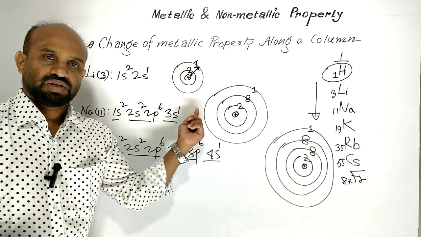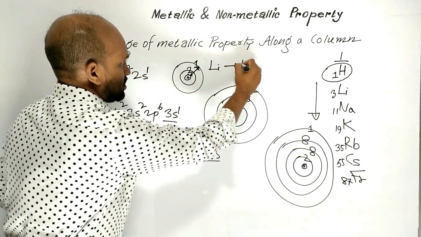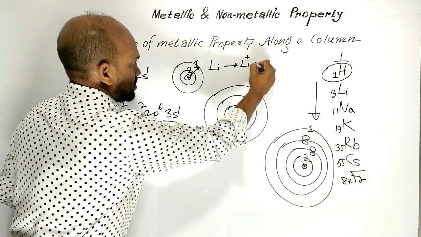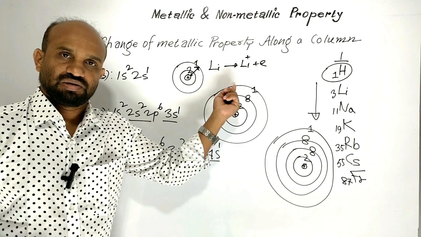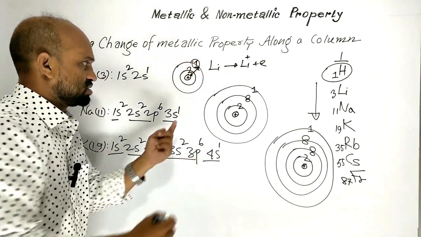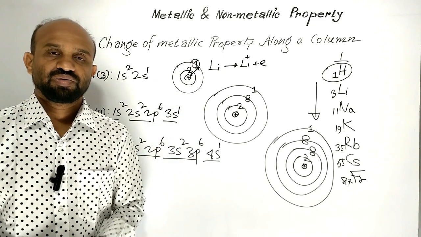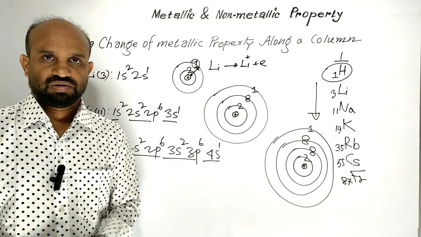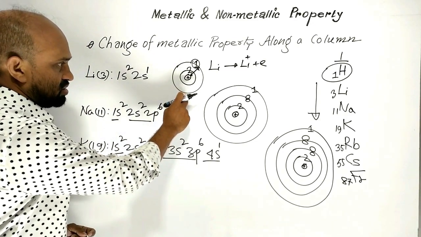That is why lithium cannot donate this electron easily, because this electron which is nearer to the nucleus is strongly bonded to the nucleus. That is why this is not a good metal.